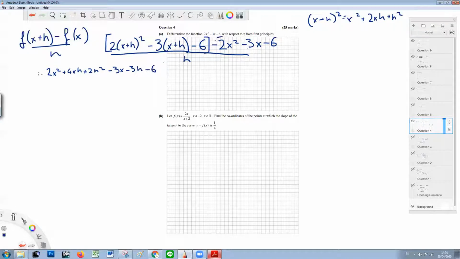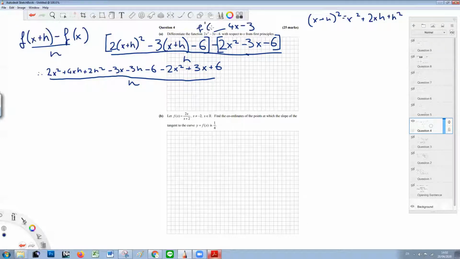I better put that in a bracket in case I missed the minus: minus (2x squared minus 3x minus 6). So loads should cancel. And just one important thing, I know that my answer is going to be 4x minus 3. So f dash x of this is equal to this. So that's the answer I need to get.